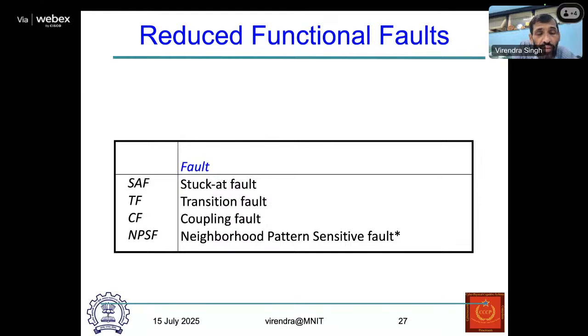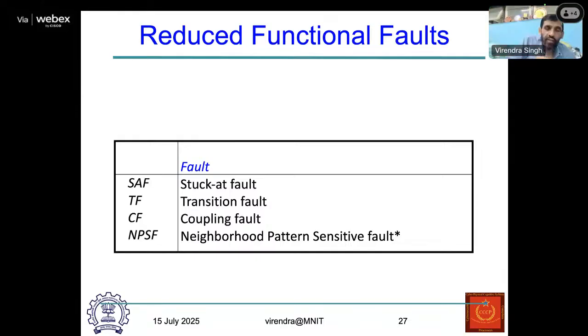In a similar way, a memory cell may also be stuck to logic 0 or logic 1. It may store 0, but then it may not store 1. It can only store logic 0. So a cell can be stuck to logic 0, or stuck to logic 1.